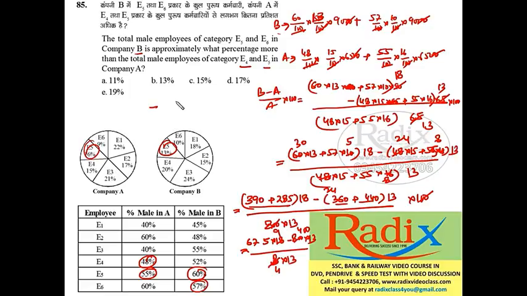So this value is 6075 minus 5200 upon 52. Now this difference 578 upon 52. Now if we assume this is 550, then this would be 17 point something. Answer is D option. So this is a tricky question.